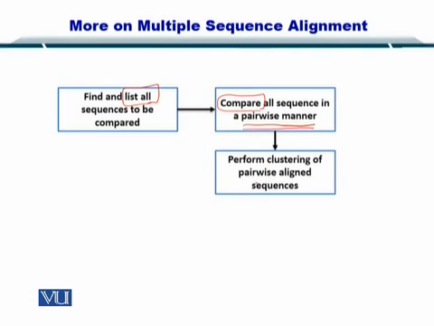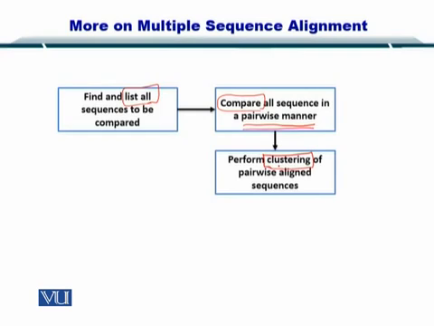So once you have performed pairwise alignments, then you move towards clustering. Clustering is essentially a strategy to make pairs of most similar sequences. That is, you perform clustering, you form pairs of sequences that are most similar to each other.